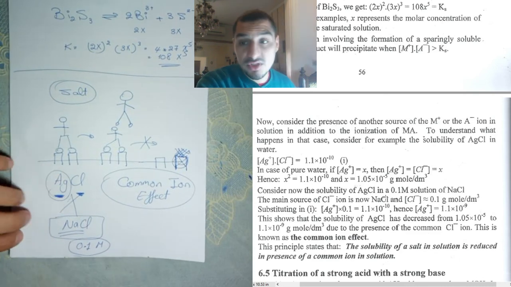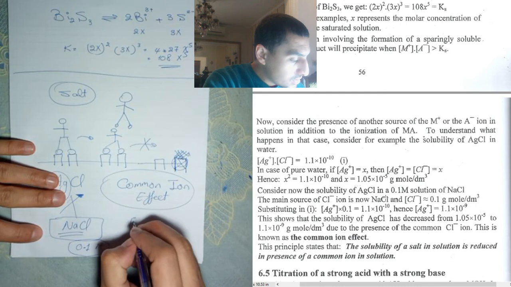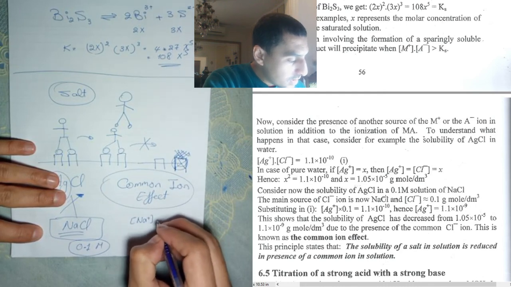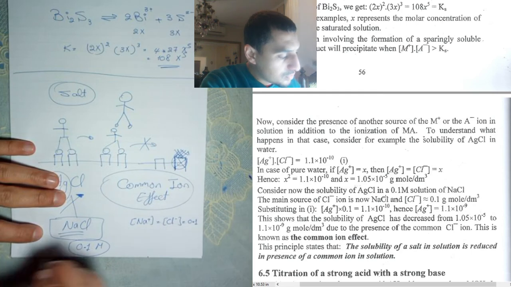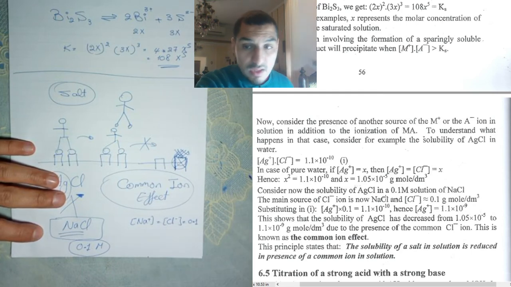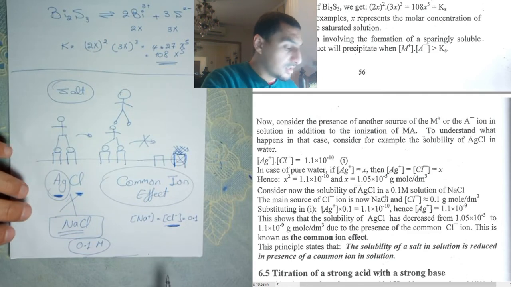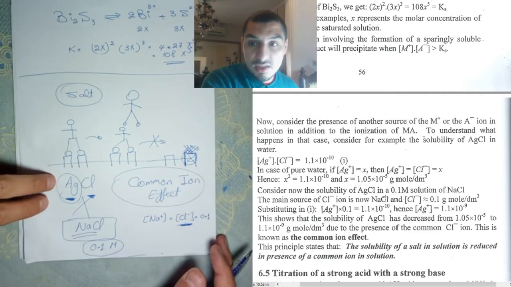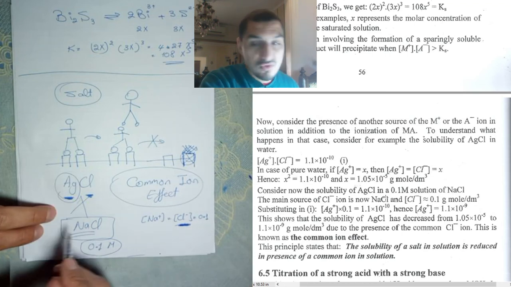This is the concentration of sodium chloride in water, which means that the concentration of sodium ions equals the concentration of chlorine ions equals 0.1. Okay, so I have already chlorine ions, which is the common ion. It's an ion that's present in silver chloride and it's present in sodium chloride. So this is a common ion in the two salts.